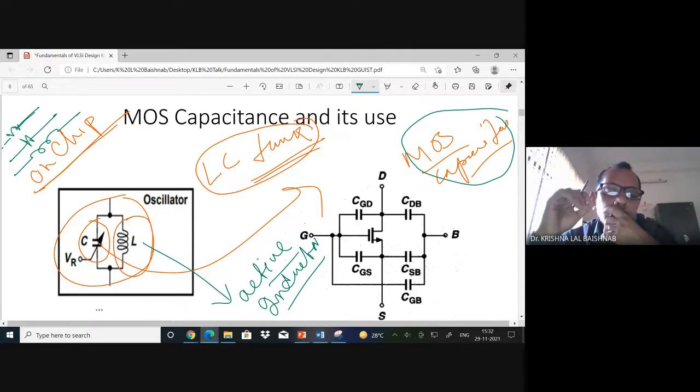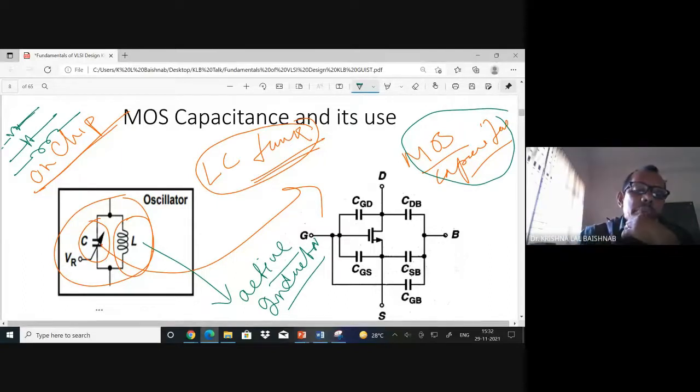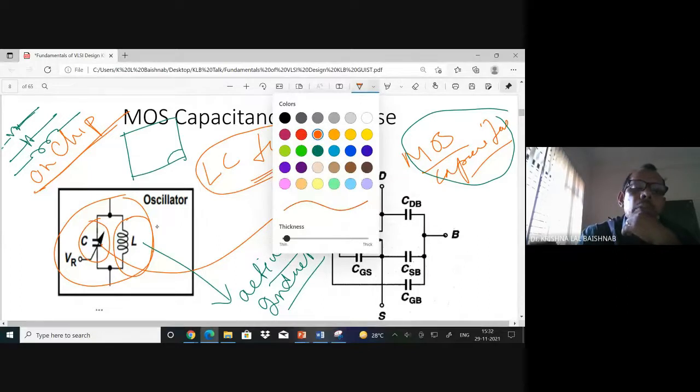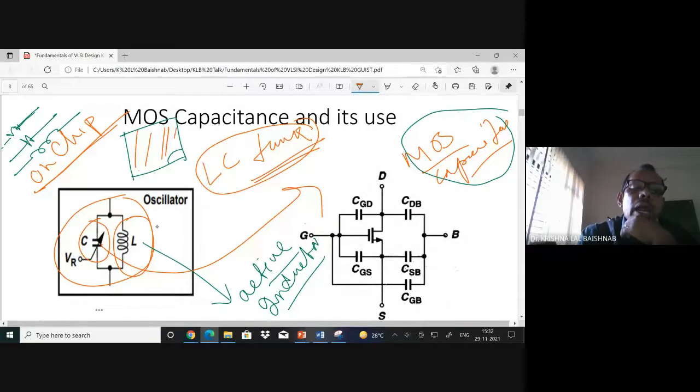If I don't use an active inductor, I can design an inductor in other ways, but it takes a lot of silicon area. If I have a chip, the inductor will take the entire volume, and the other components will take just the minimum area.